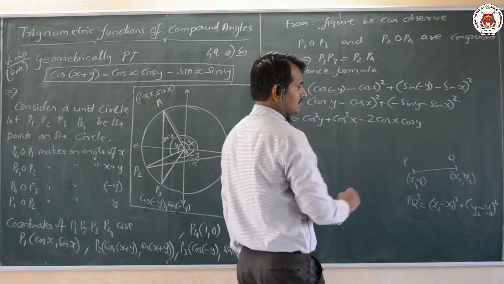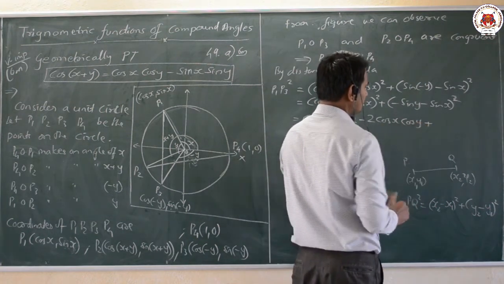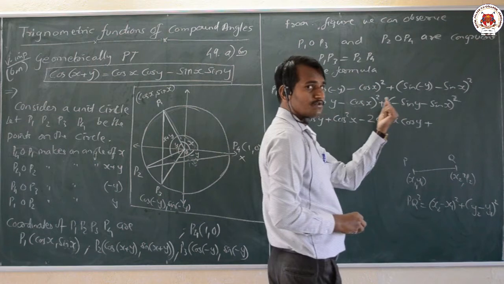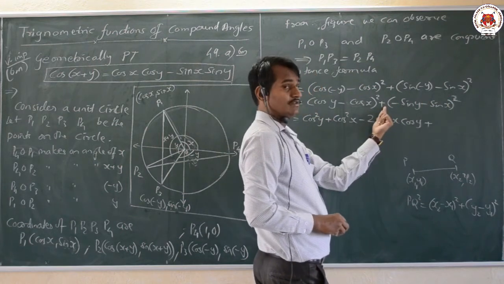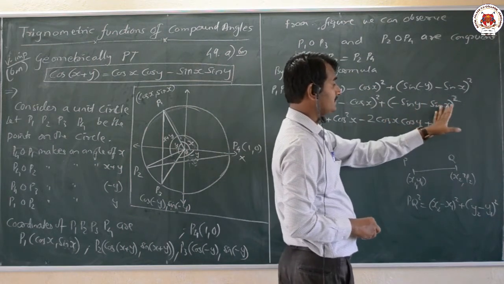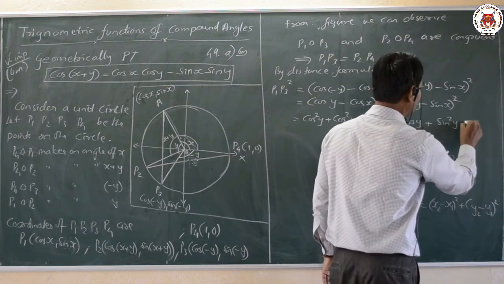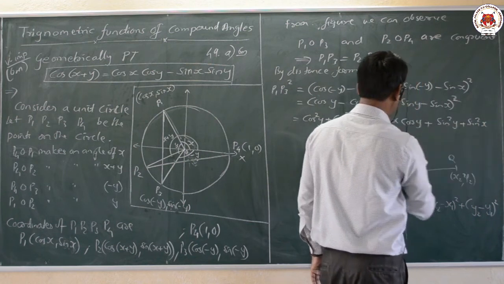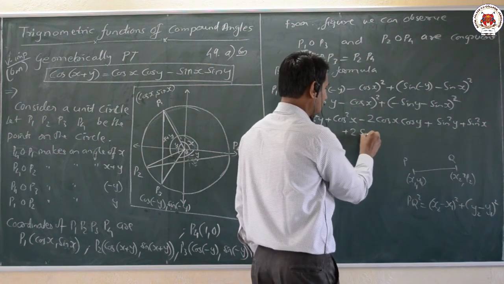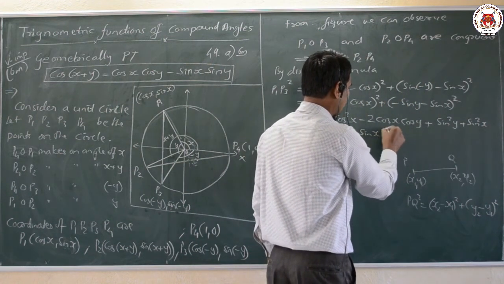Then plus, taking the minus sign outside and squaring, it becomes a plus b whole square: sin square y plus sin square x plus 2 sin x sin y.